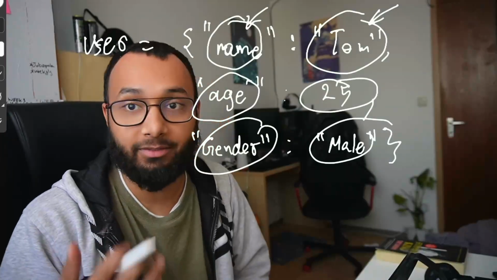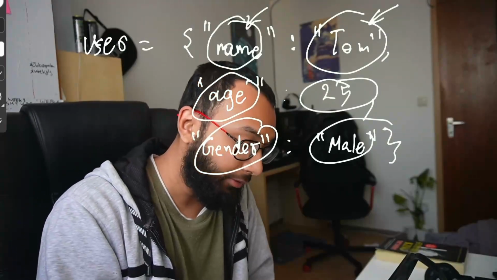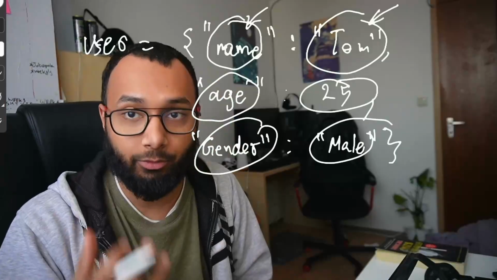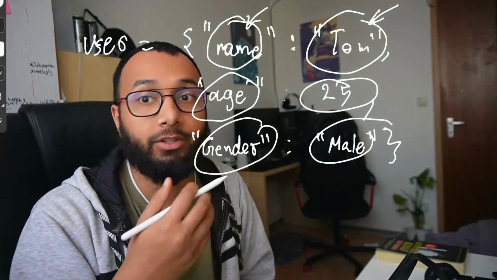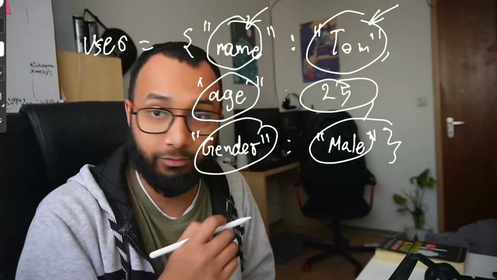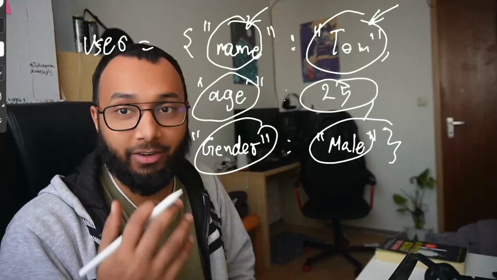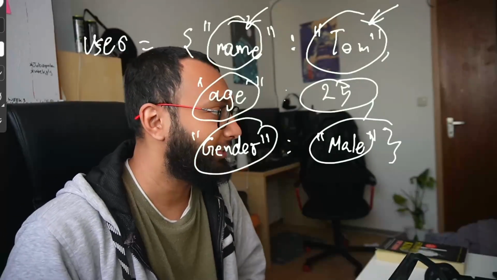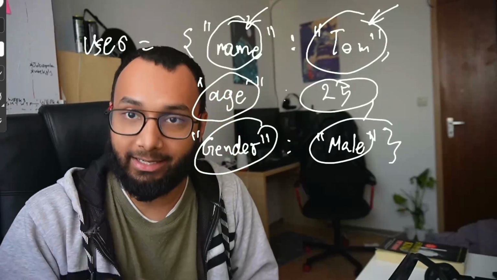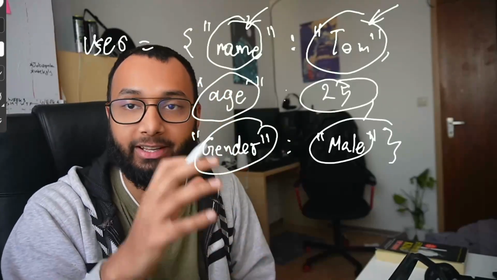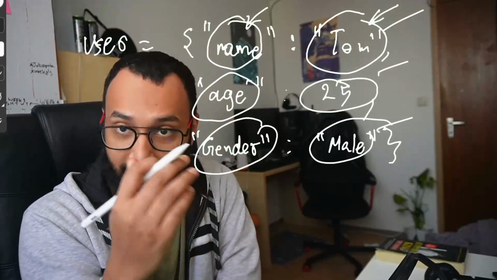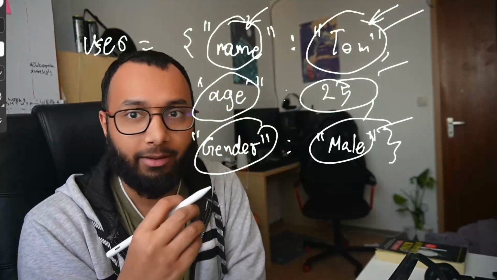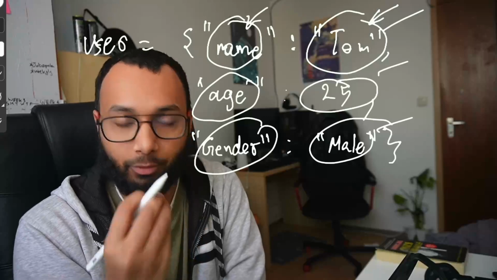This gives us flexibility, because when we say that from the dictionary user, we want to get the name, we get the value of Tom. From the dictionary of user, we want to get the age, we get the value of 25. That is a very strong and powerful programming structure. Comparing this with a list, if we have a list called users and each of these values like Tom, 25 and male are in a list of values, we would face certain problems.